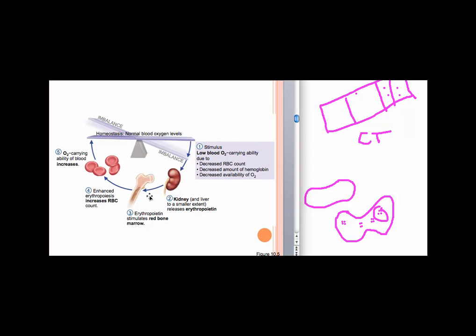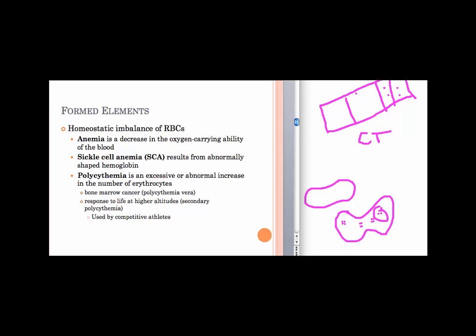Our hemocytoblasts, those red blood cell stem cells, are found within our red bone marrow. So we're stimulating those hemocytoblasts to produce red blood cells. Once we produce more red blood cells, we increase oxygen in our body through their ability to carry oxygen, and then we can once again regain homeostasis.